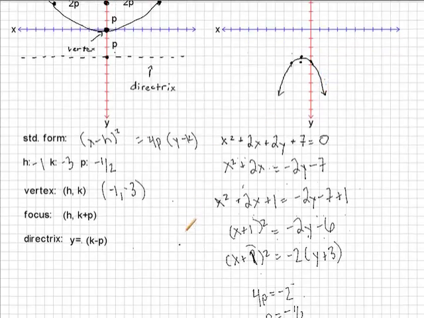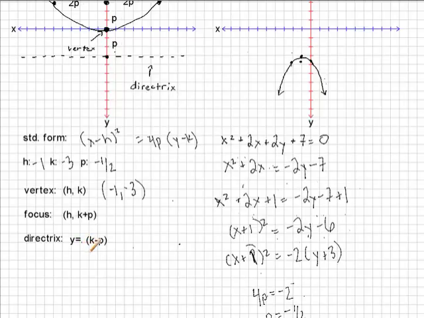That's what it looks like. The directrix is a line, and in this case, it's going to be the line y equals k minus p. The directrix will be p units behind my vertex. So in this case, it's going to be 1/2 a unit up.